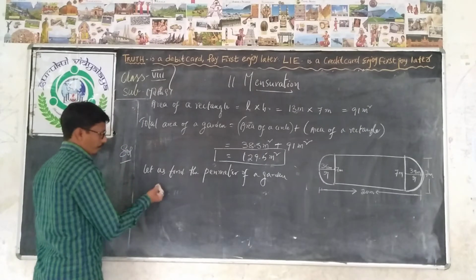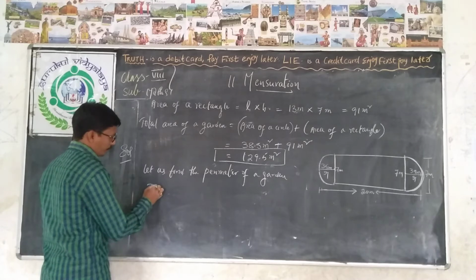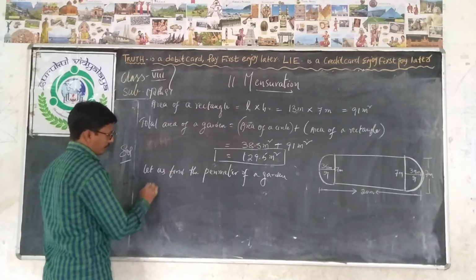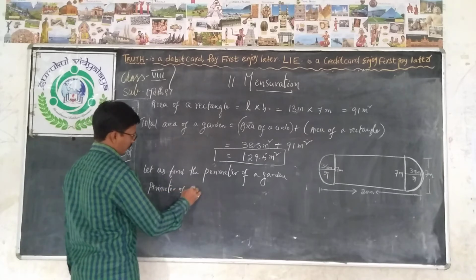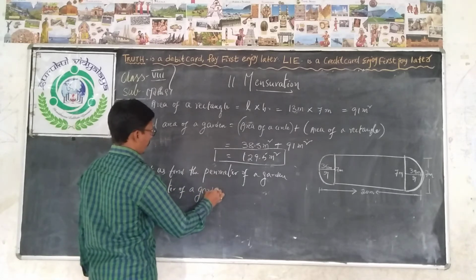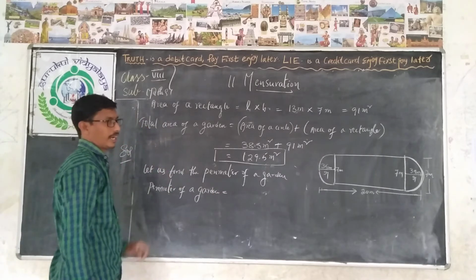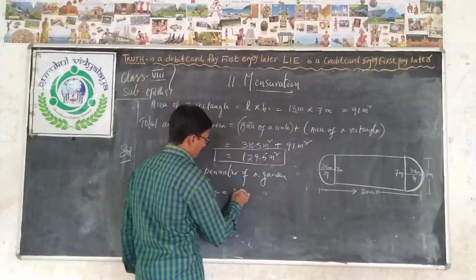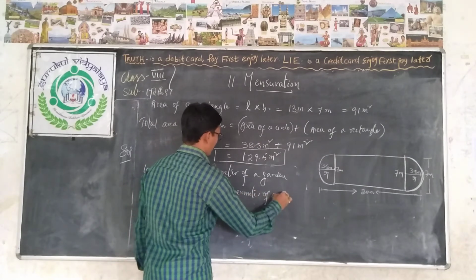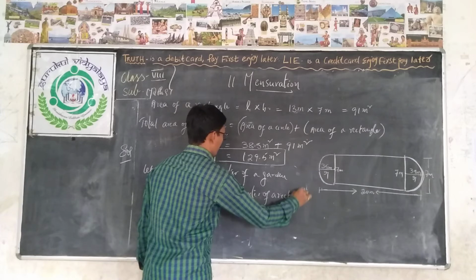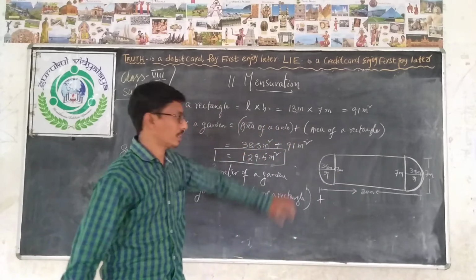So the perimeter of the garden is equal to, what will be added? The perimeter of a rectangle plus, what is this?